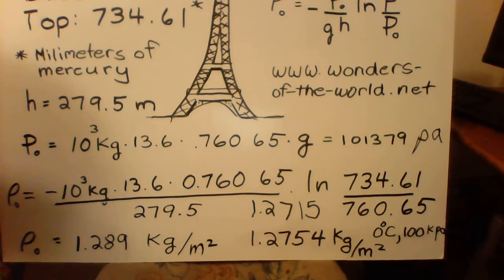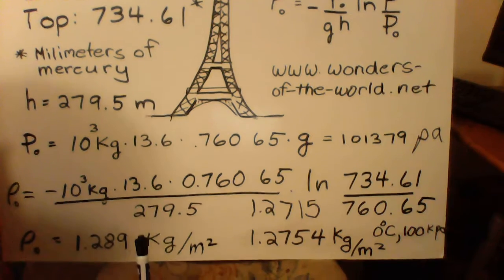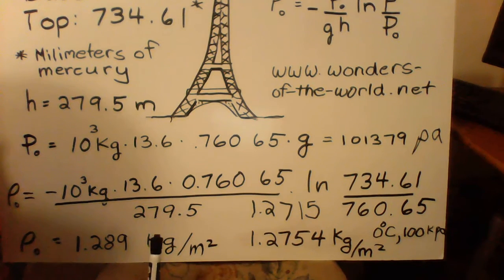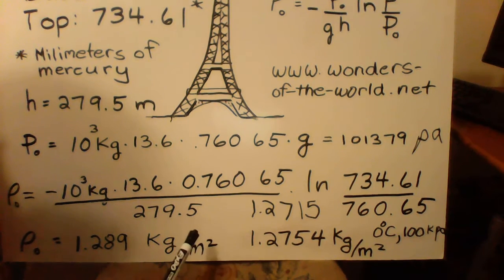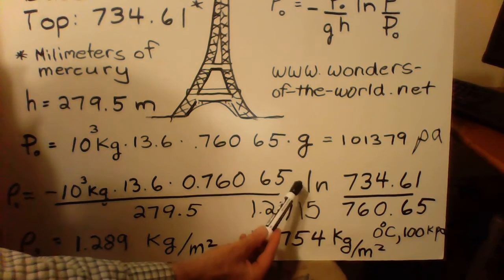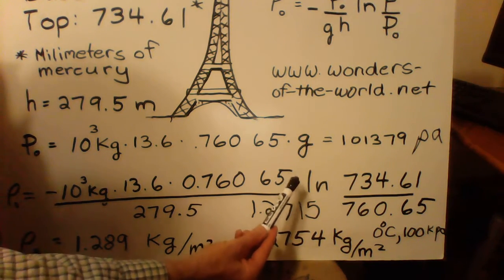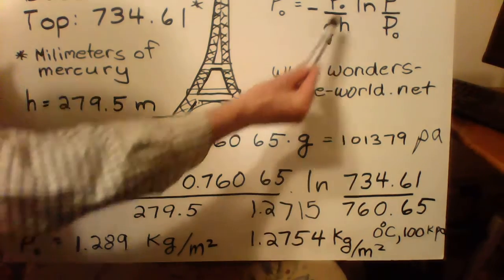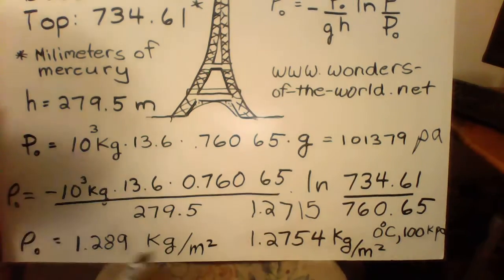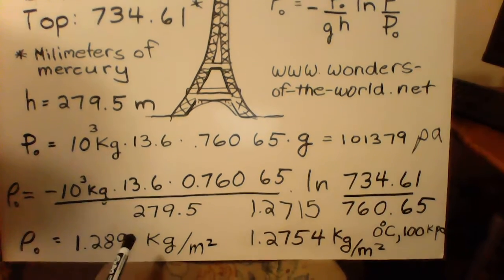And then if I multiplied that by g, I would get the weight of that mass. And then if I divided by a meter squared, I would get the pressure. But what I'm going to do instead is the g up here cancels with the g here, so I don't need to mess with g actually.